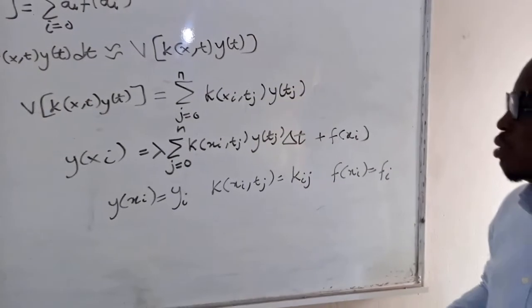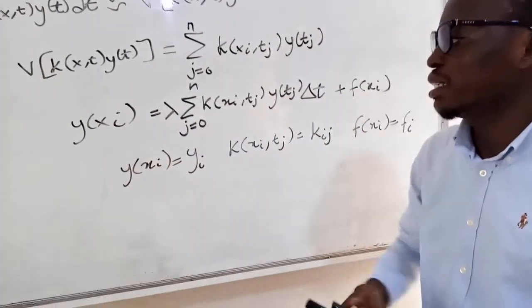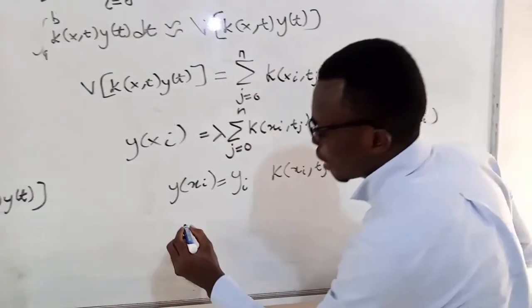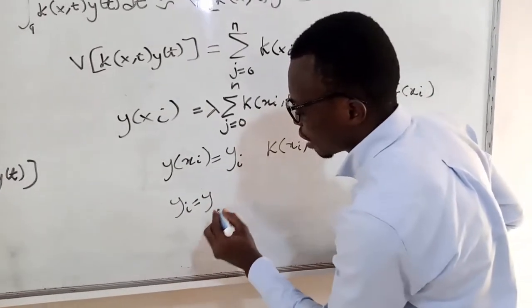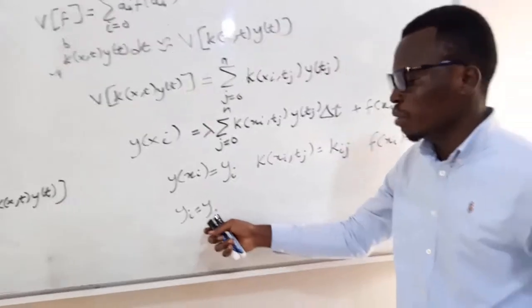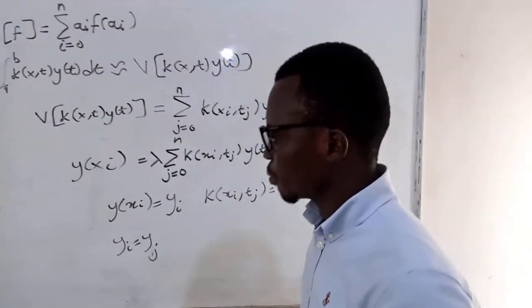And from this side, you know that y(t) and y(s) are the same function, they are just changing variables. So we can say that y_i and y_j are equal, and we are going to use them interchangeably. If I don't use y_i, I will use y_j. It's still the same thing.